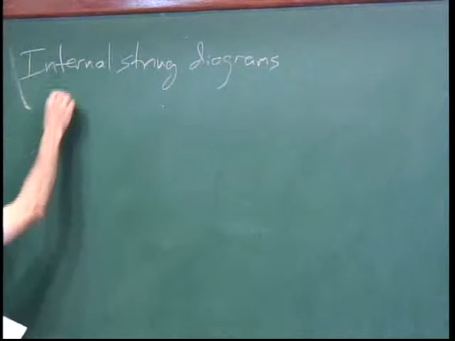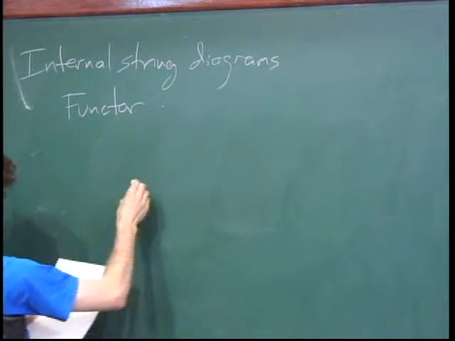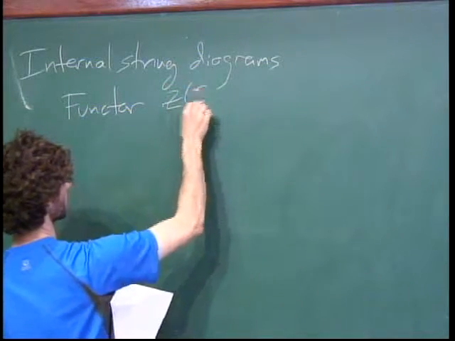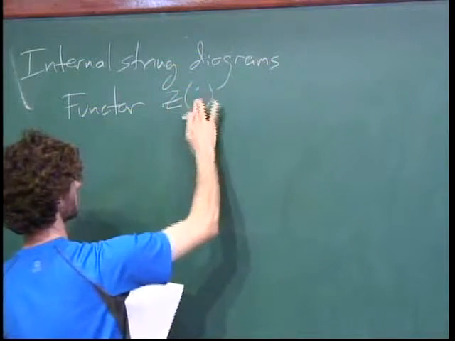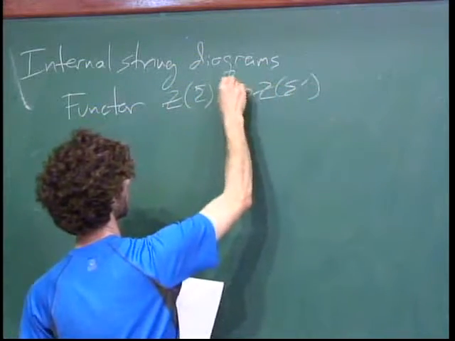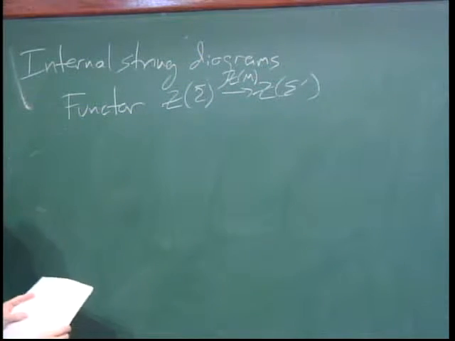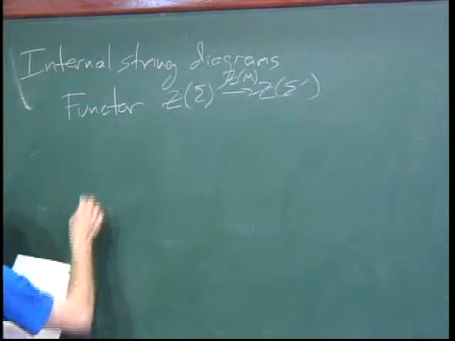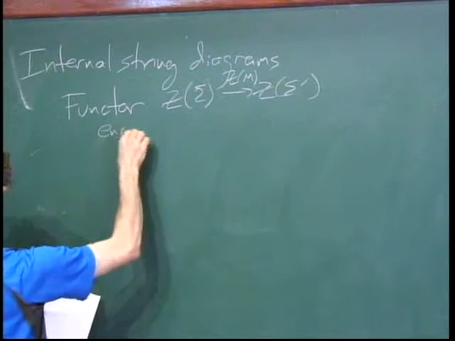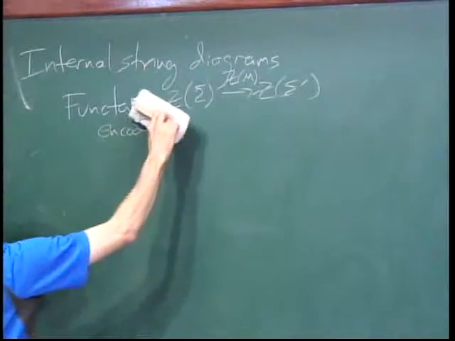Okay, so recall that I was sort of saying that we're trying to encode some functor from, say, Z of one surface, Sigma, to Z of some other surface, Sigma prime, encoded by some three-manifold, and we want a way to describe that functor. And so the claim is that these functors are encoded by, oh, sorry, I've screwed up slightly.